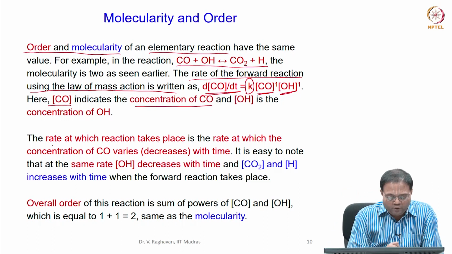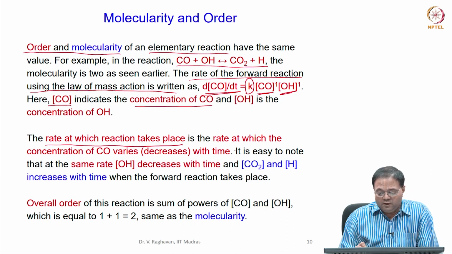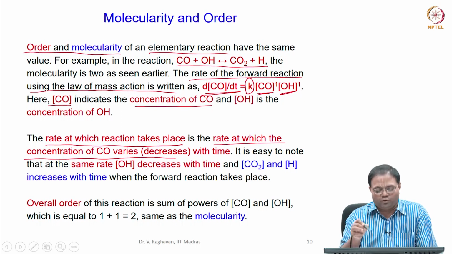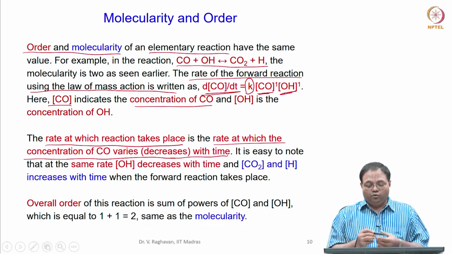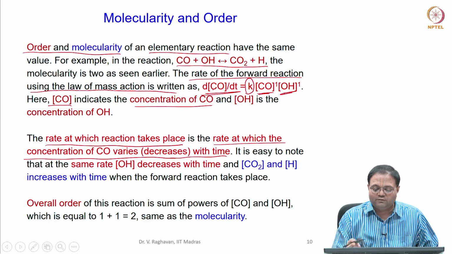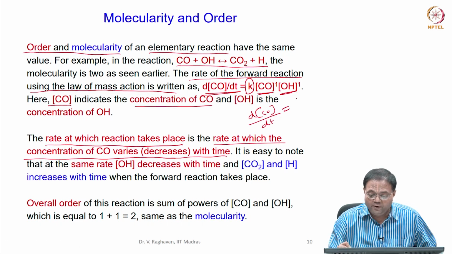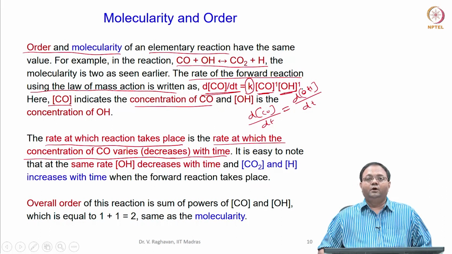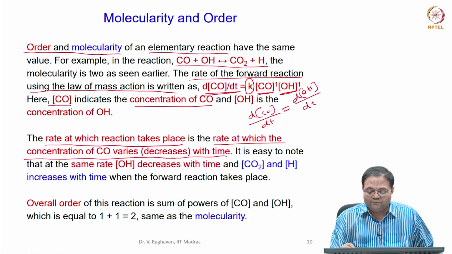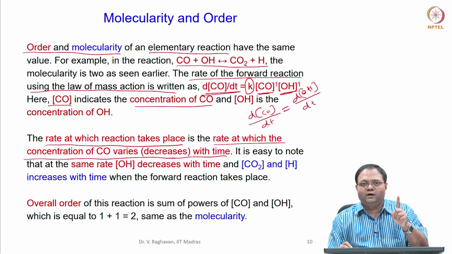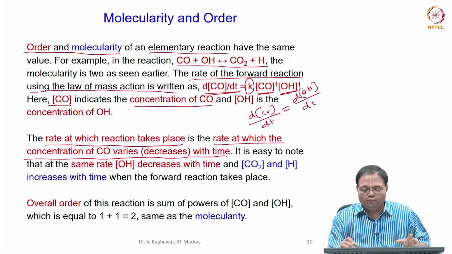Now, the rate at which the reaction takes place is the rate at which the concentration of CO varies. In this case it is a reactant, so it should decrease with time. So, that is what we are representing like this. The rate of reaction, we can write d[CO]/dt, it is actually negative, will be equal to d[OH]/dt. Both are same, correct, because the rate at which CO is decreasing, if one molecule of CO is consumed, then the same amount of OH should be consumed to form the products.